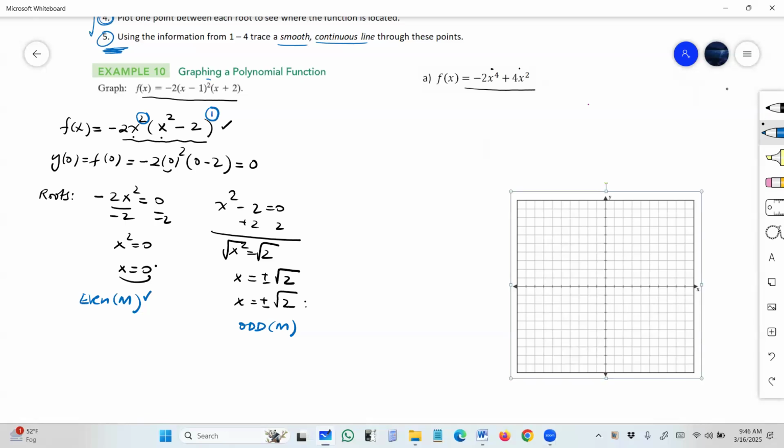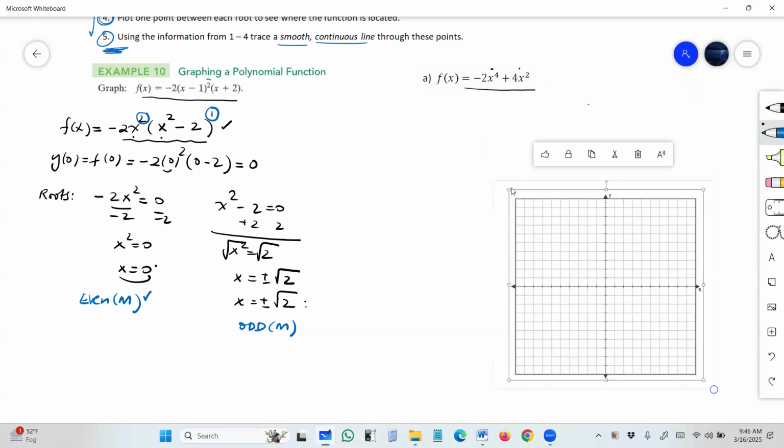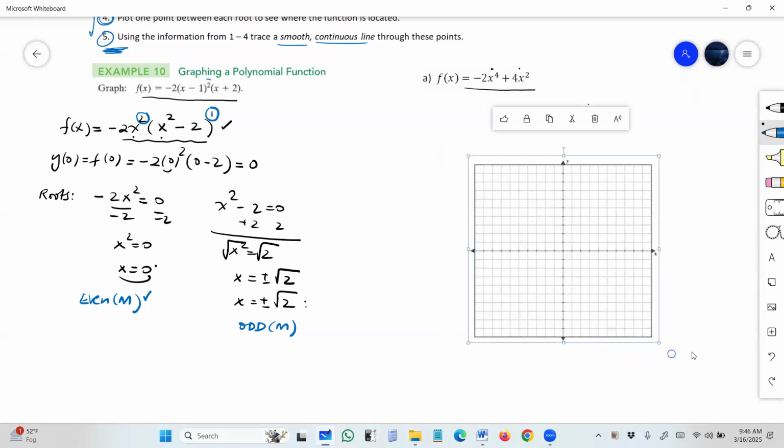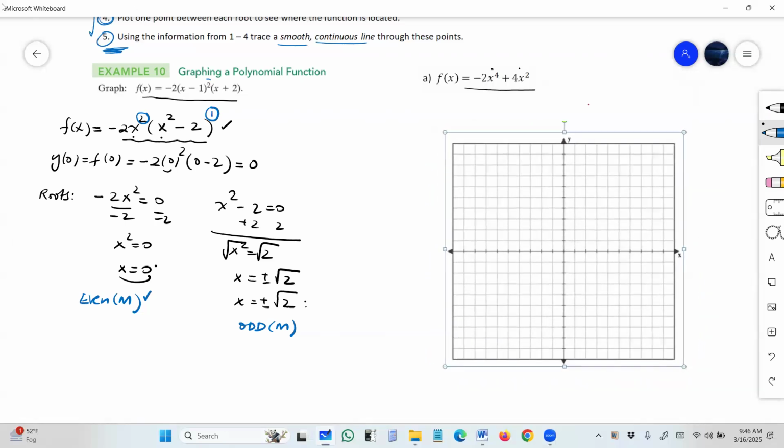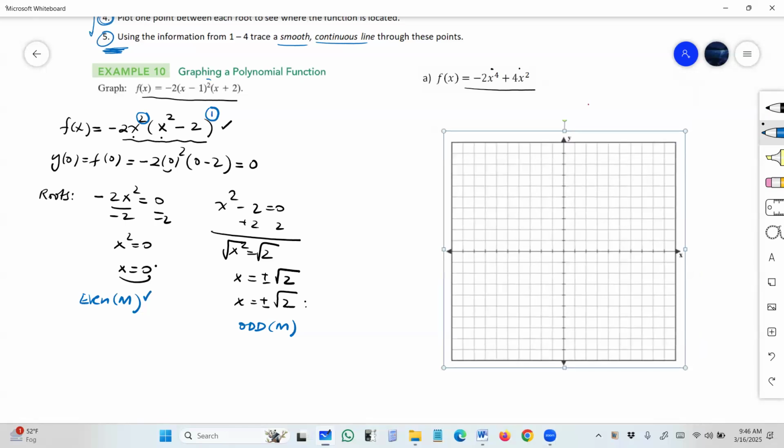All right. So I'm going to make this a little bit bigger. All right. The end behavior. So we need the end behavior before we start graphing.